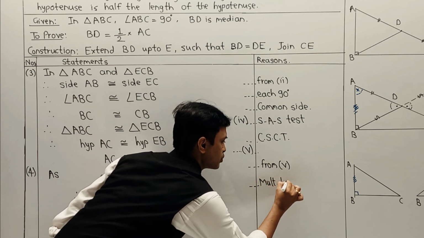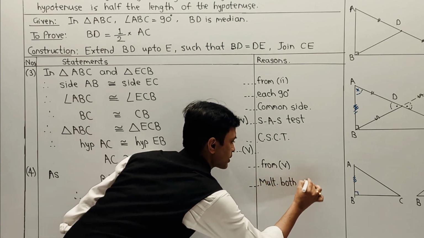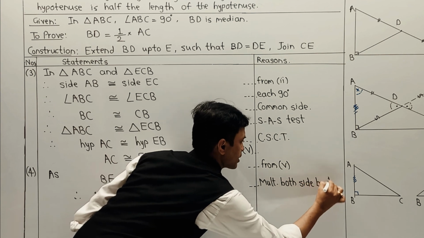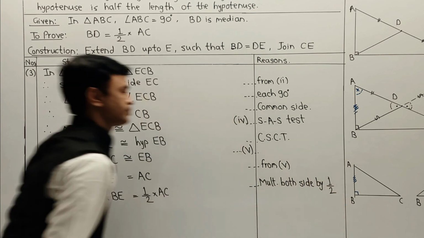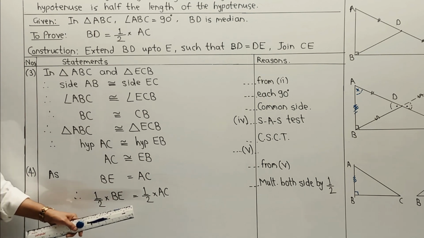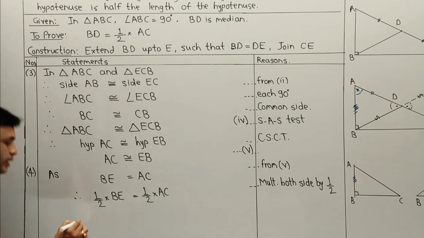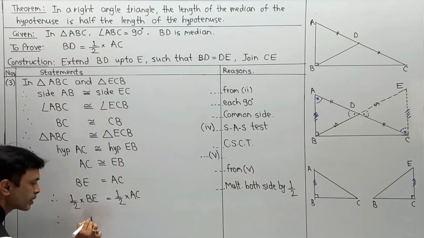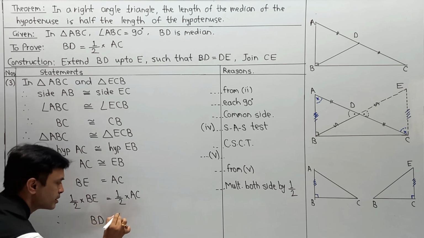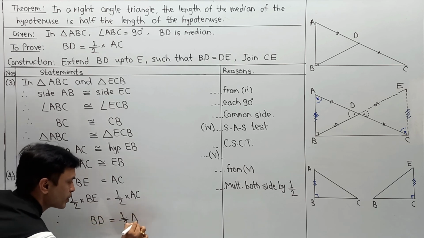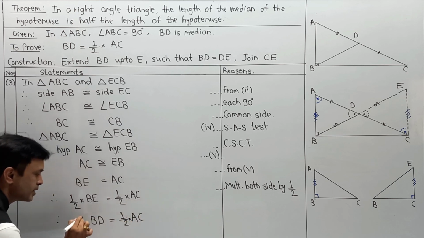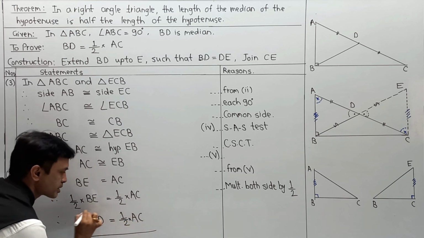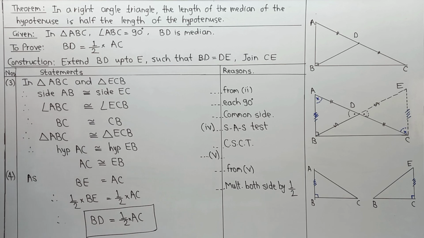Now half of BE means BD. Therefore, BD is equal to half of AC, and AC is nothing but your hypotenuse. And this is the part that we are going to prove.